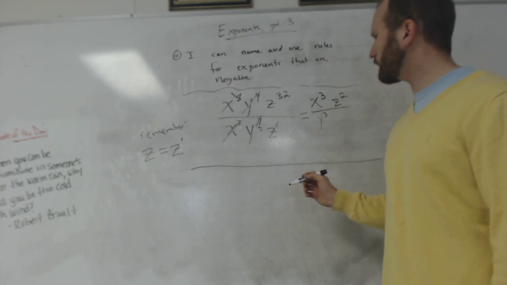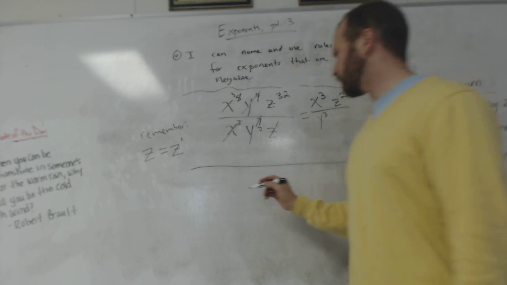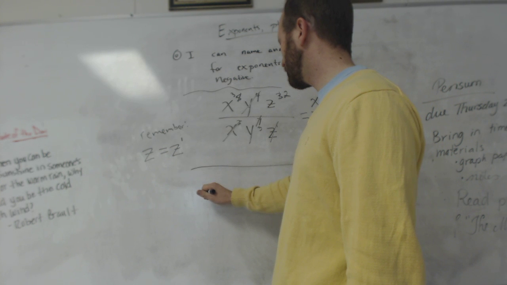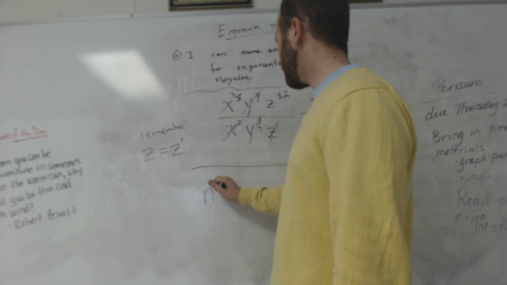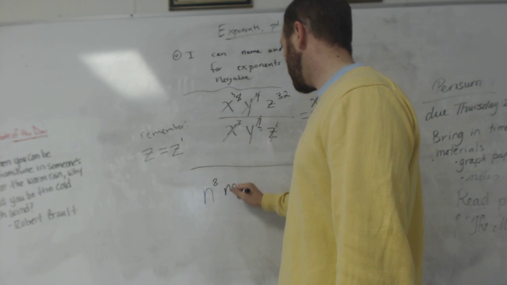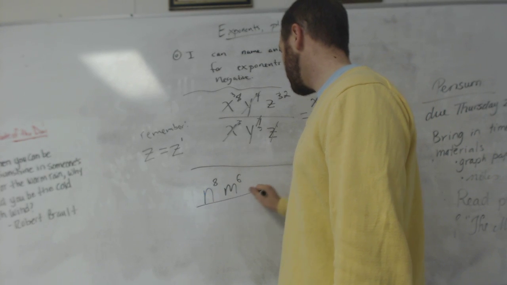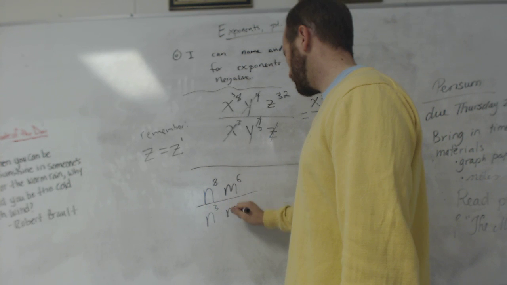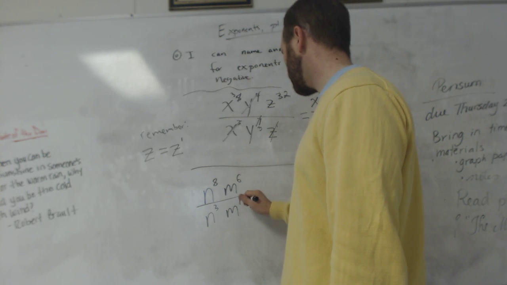Alright, now let's do one more. What if I had n to the 8th, n to the 6th, n to the 3rd?